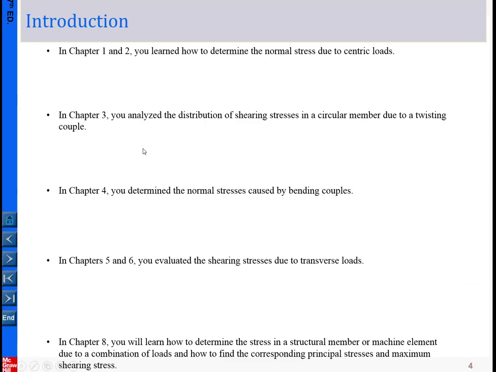Before we discuss combined loadings, note that combined loading basically comes from individual types of loading. For example, in chapter 1 we learned axial loading. Consider this material with Young's modulus, length L and cross-sectional area A, under loading P. We know this will induce normal stress.